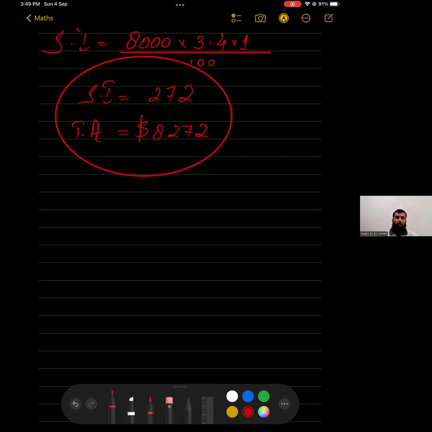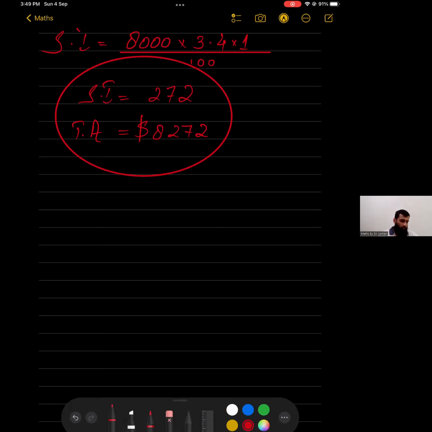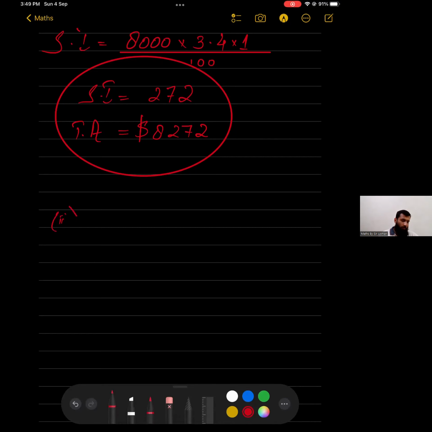The total amount in our account after the interest had been added. लेकिन नेक्स्ट पार्ट में ये कह रहे हैं just tell us the amount that is present in the form of interest.